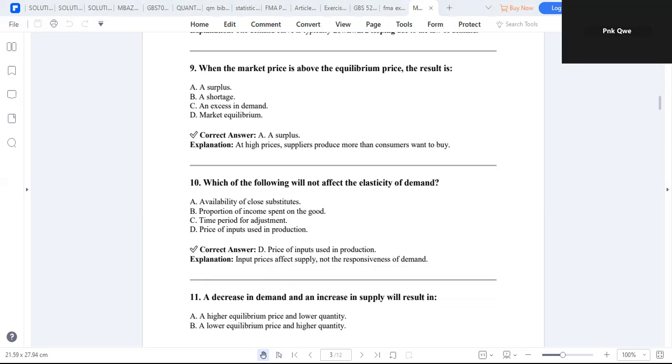Mention any four. Availability of substitutes. The more substitutes, the more elastic.